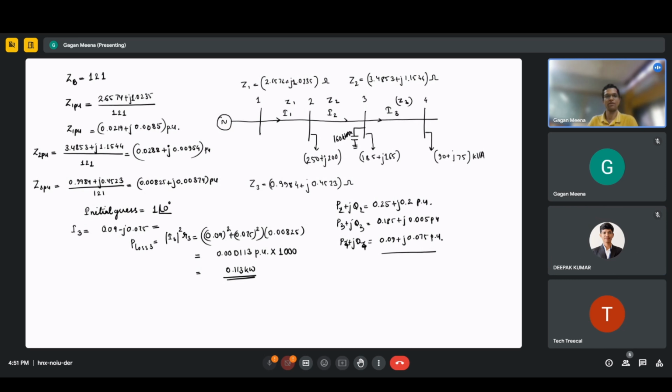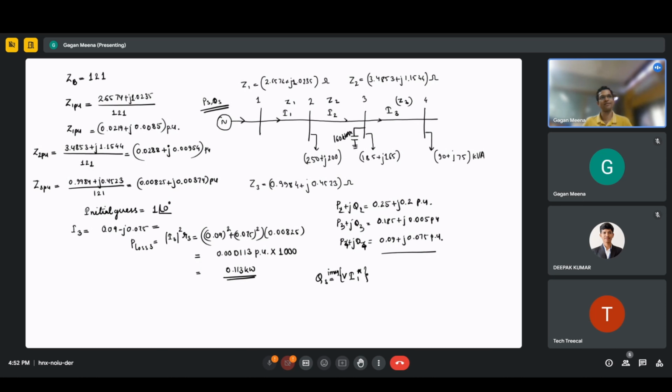So now let us calculate the total reactive power losses. We saw one method of how to calculate total losses. We calculate PS and QS. How will you calculate QS? QS will be V into the imaginary part of this.